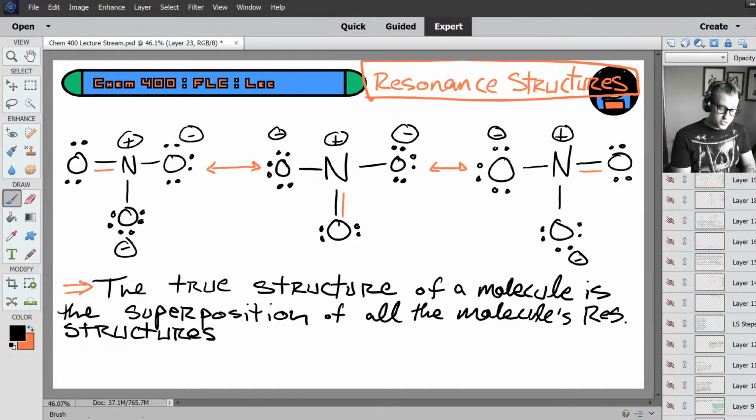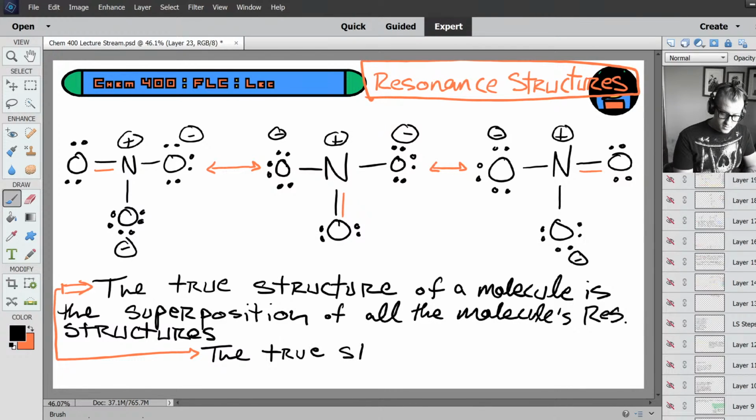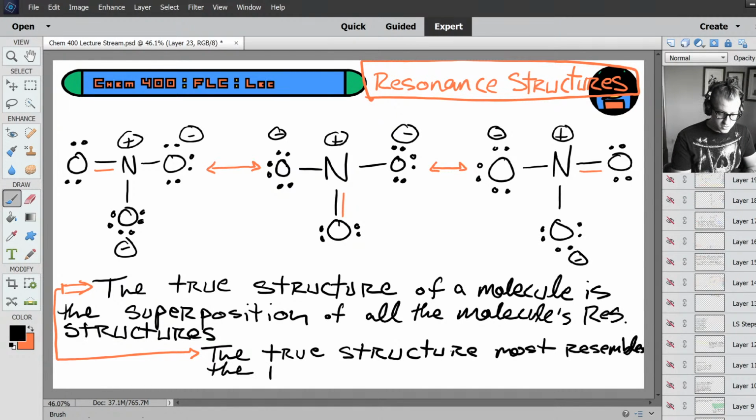All right, the true structure of the molecule is the superposition of all of the molecule's resonance structures, and the true structure most resembles the best resonance structure.